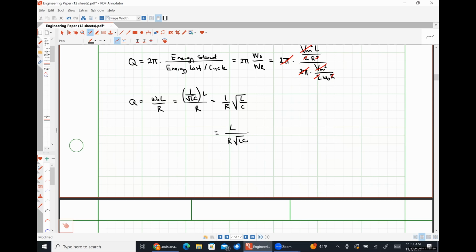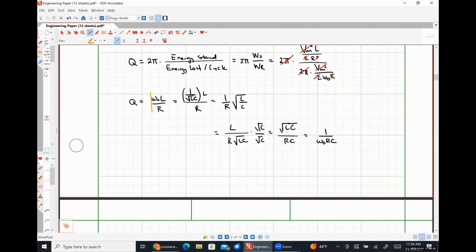Because 1 over the square root of LC multiplied by L over R is going to look like this. If I multiply this expression by the square root of C over the square root of C, now I have L divided by square root of L, which is just square root of L in the numerator. That's going to look like square root of L times square root of C, which is square root of LC, divided by RC, which is nothing more than 1 over omega naught RC.